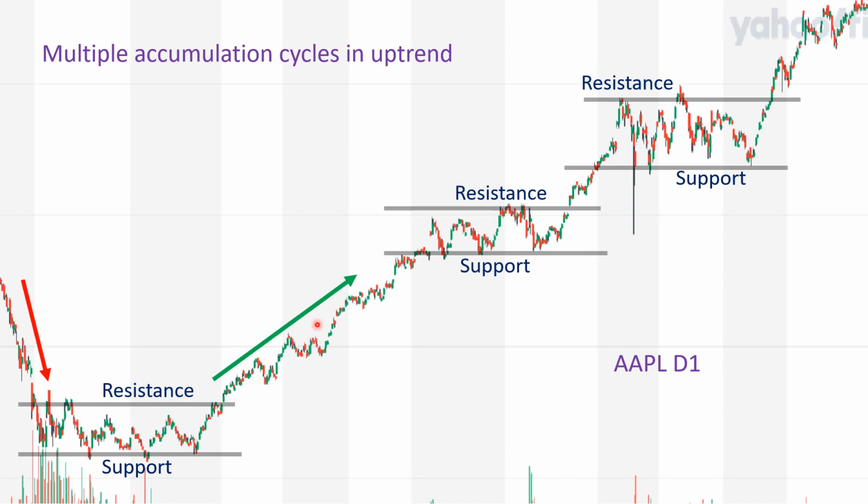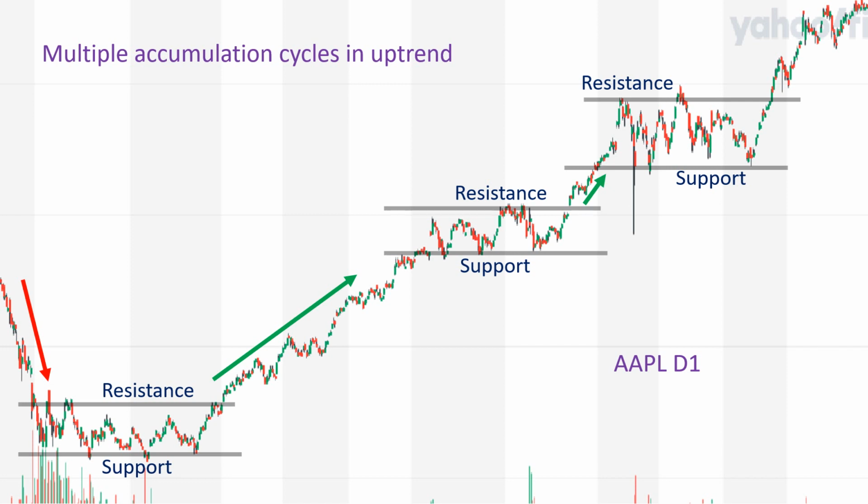In this case, the price breaks out of the first accumulation cycle, like here, moves upward, and then enters the second accumulation cycle. Finally it breaks out of the resistance and goes strongly upward.